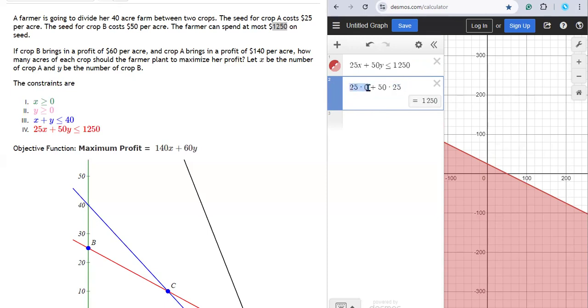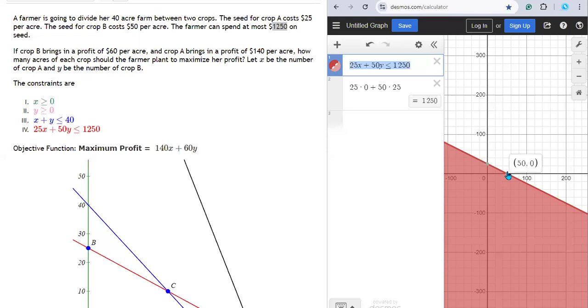When I multiply that together, I get 0. When I multiply these two together, I get 1,250. So 0 and 25, that point makes this statement up here true. At this point here, with X equals 0 and Y equals 25, we're on this red line. And when we're on this red line, that means this is true.